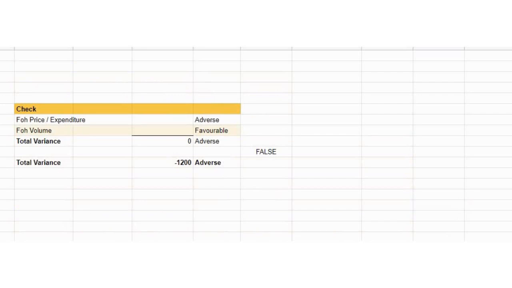The fixed overhead price or expenditure variance was £4,800 adverse, and the fixed overhead volume variance was £3,600 favourable, and that gives a total variance of 1,200 adverse, which matches the total variance.